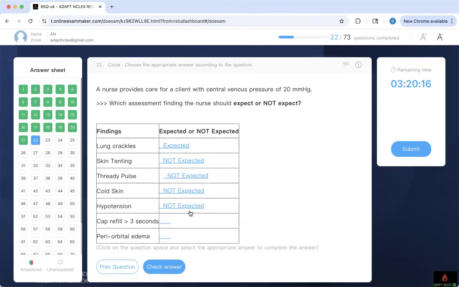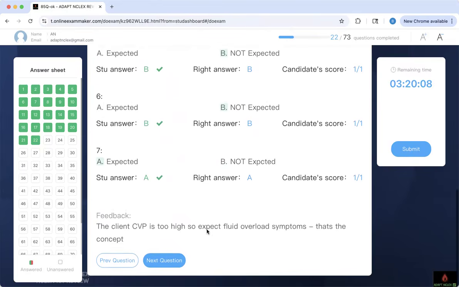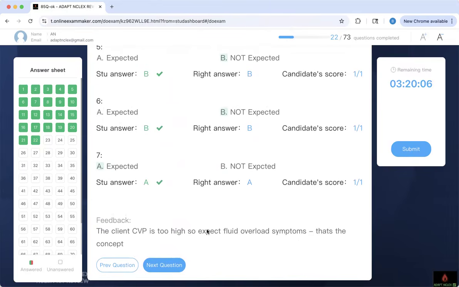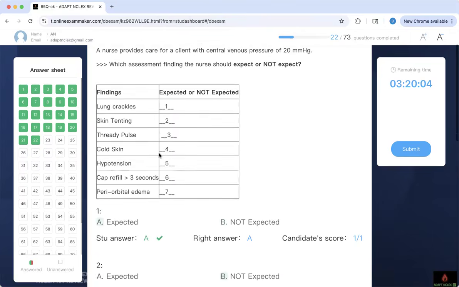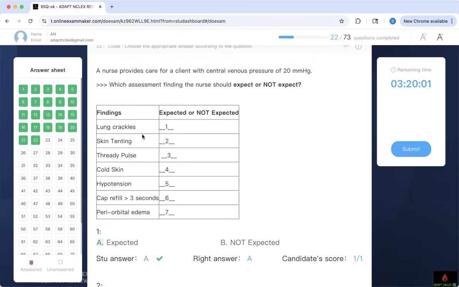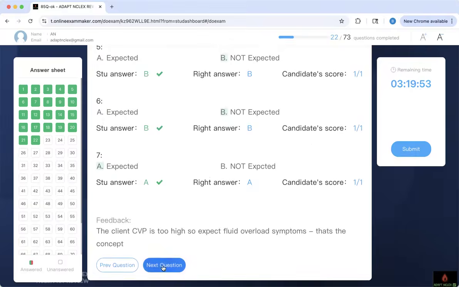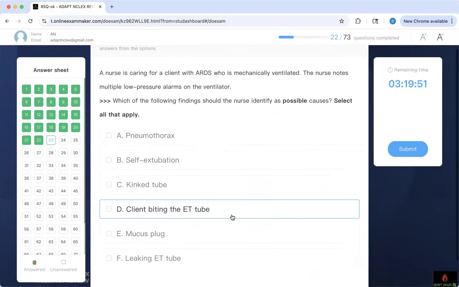Capillary refill should be less than 3 seconds because I'm fluid overloaded. And periorbital edema is an expected finding. This is what you see with a high CVP and fluid overload. This is how the NCLEX asks you questions about fluid management, and you have to apply it. They're not going to ask you a straightforward question, you just apply it. This is fluid overload.